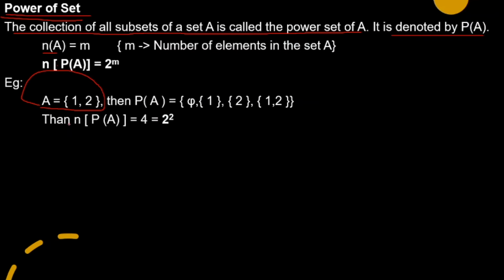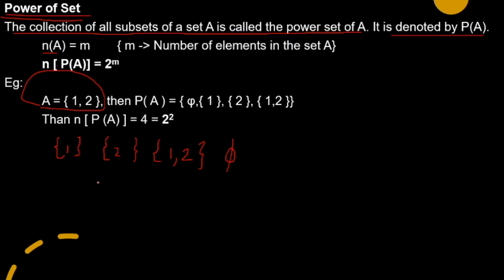So how do we write the subsets of A? You write each and every element within curly brackets. So {1}, this is a subset. Then {2}. Then {1, 2}. See how we write, okay, make a note. And next, as we know, the empty set is always a subset of a set.